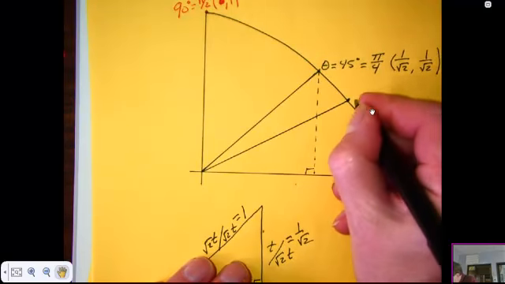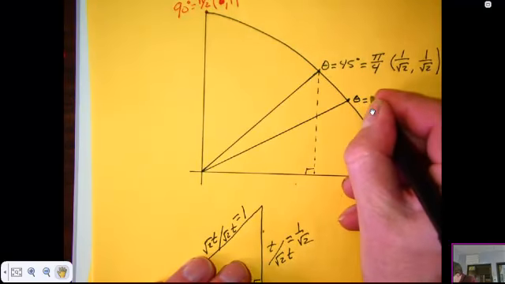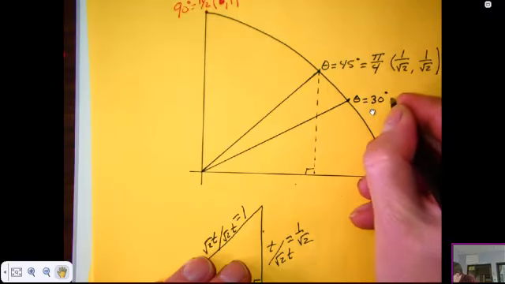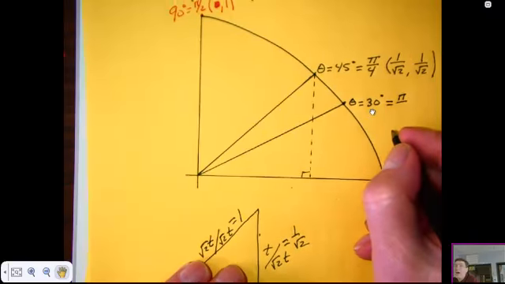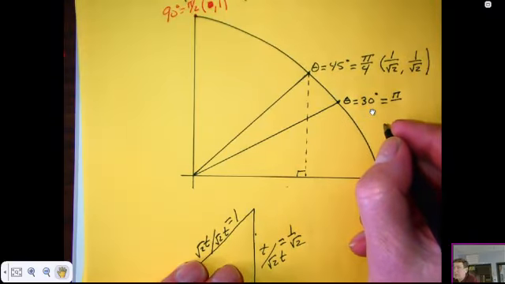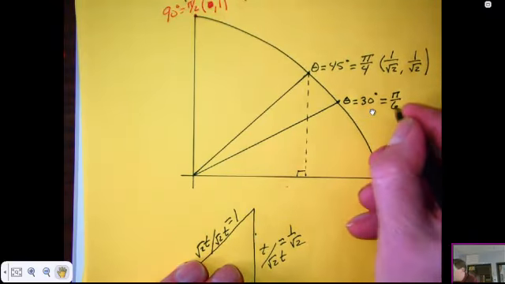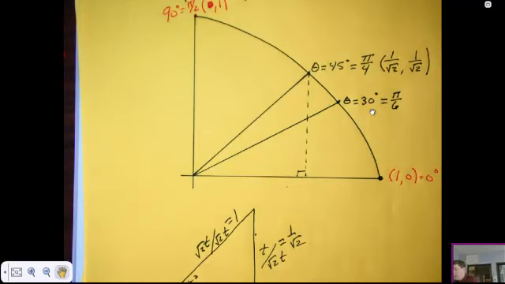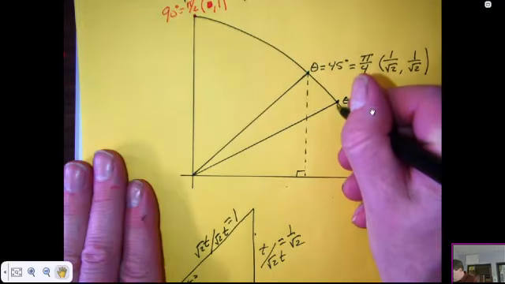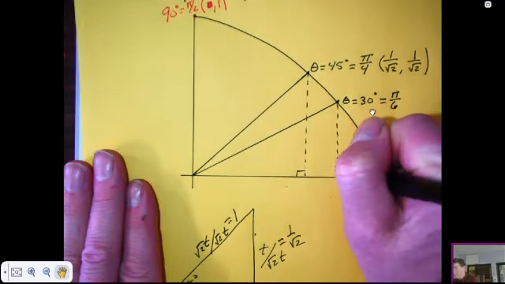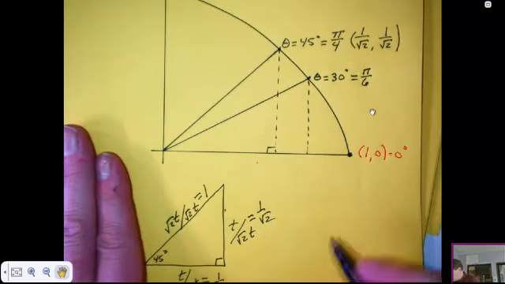So, we're going to call this point theta is 30 degrees, which is pi over 6, right? And you will have all these memorized here shortly if you don't. Now, again, if I draw this line down like this, I get my special triangle.